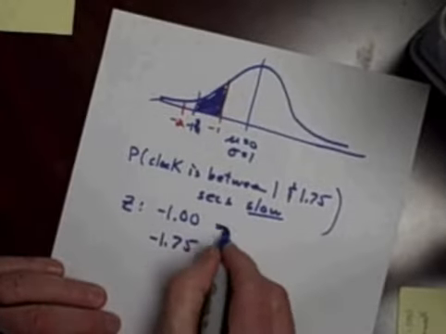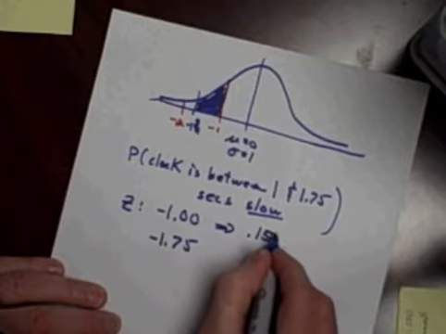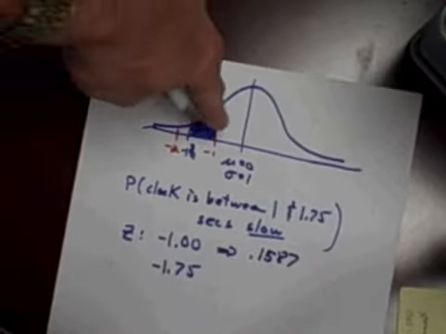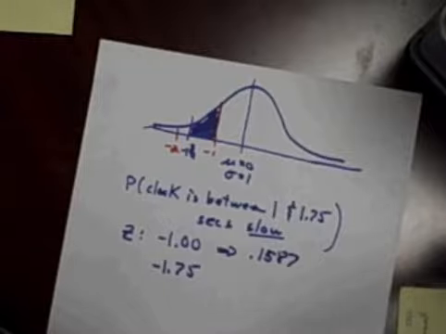For -1, where are we? There's -1.0, and our second digit is also 0, so that's 0.1587. Okay. That's how much of the area is to the left of -1.